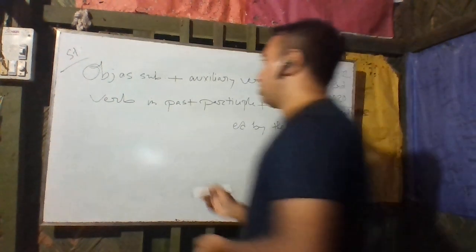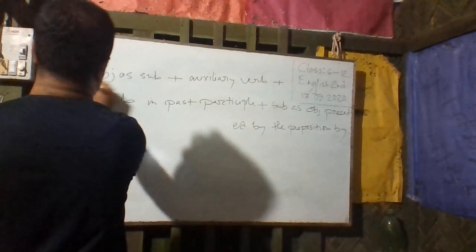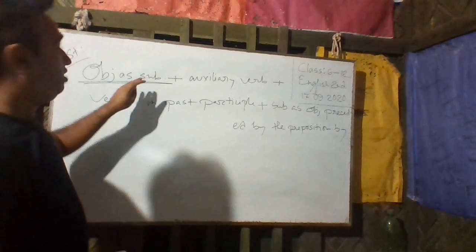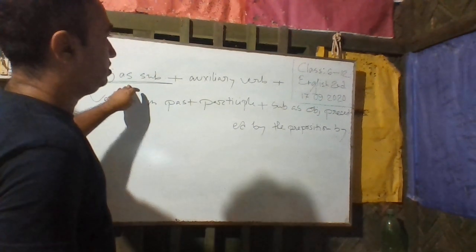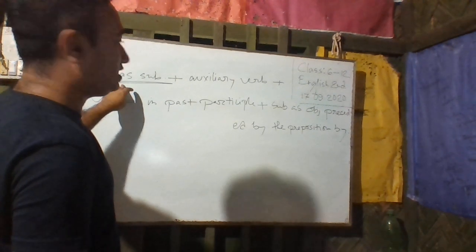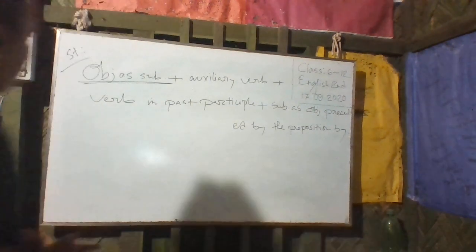Look, four steps. First of all, you have to place the object of the active sentence as the subject of the passive sentence.